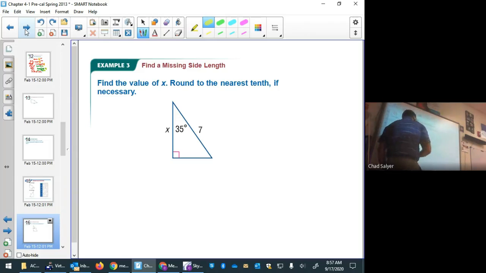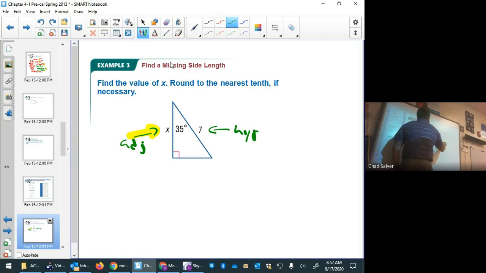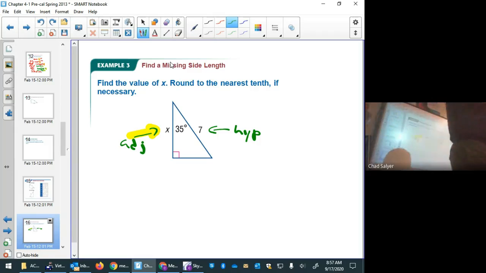So here we've got an angle, and we've got 2 sides. With respect to the right angle, with respect to 35 degrees, that is the adjacent and the hypotenuse. So if I want to talk about the adjacent and the hypotenuse, what trig function should I use? Cosine.